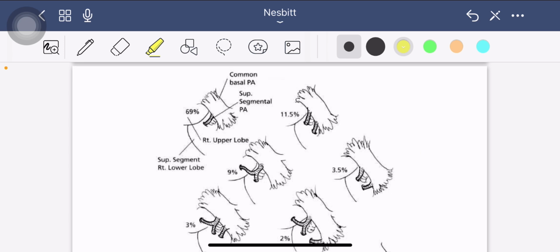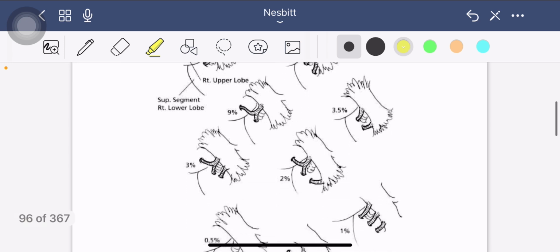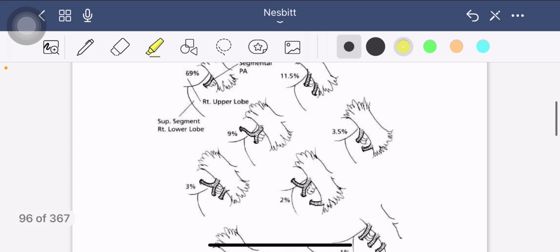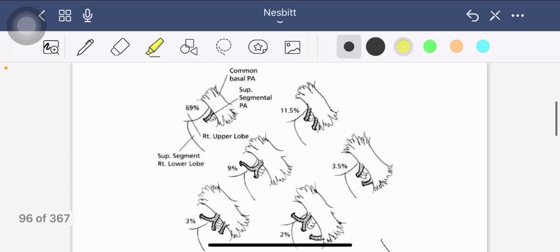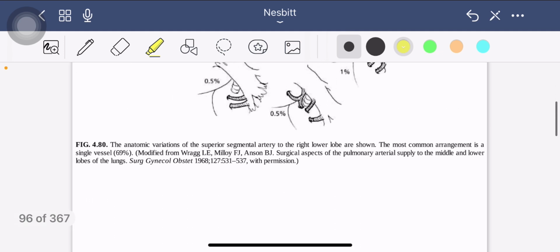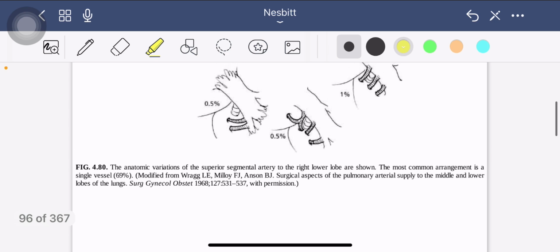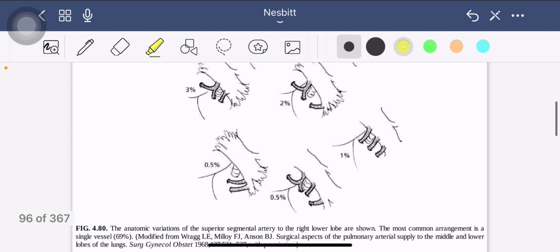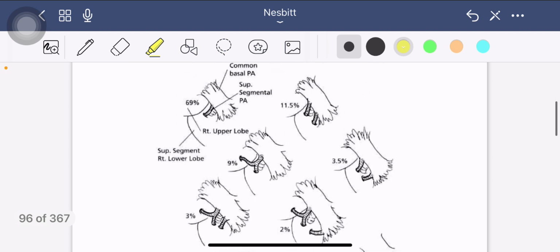So these are the variations. In 70% there is a common basal pulmonary artery and a separate superior segment pulmonary artery. In 11% it takes off from the common trunk, 9% have a common trunk, and 11% arise from the common basal pulmonary artery separately.